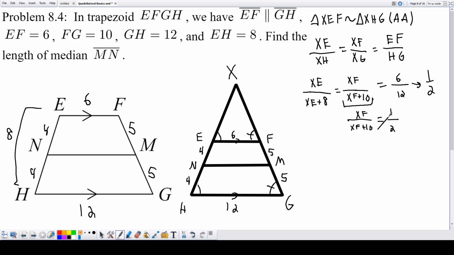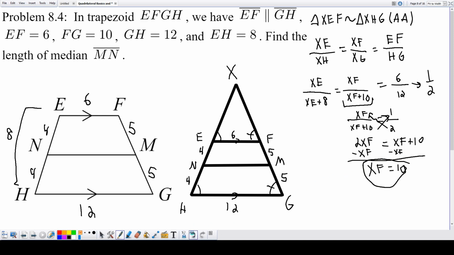And if I cross multiply, I'm left with 2XF equals XF plus 10. And if I subtract XF on both sides, that means I'm left with XF is equal to 10.